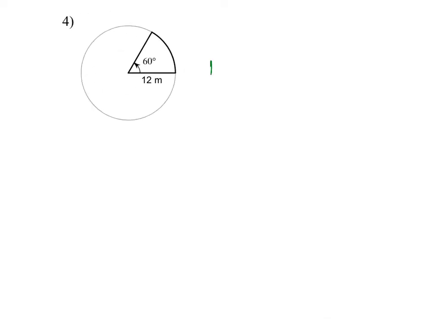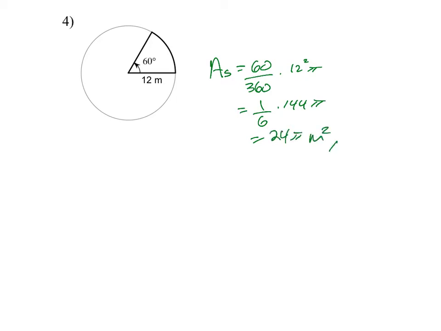So again, I have the area of the sector is 60 over 360 times 12 squared pi. So I have 1/6 times 144 pi. I have 24 pi meters squared.